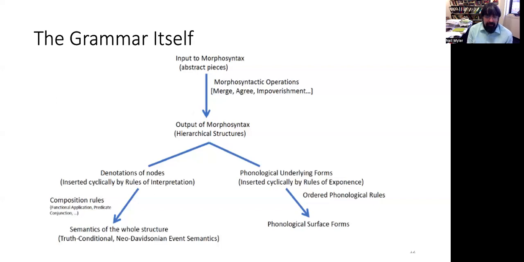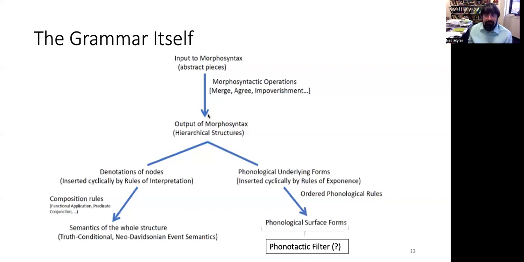One thing that I mentioned when I first discussed this was that I thought that probably the phonological surface forms have to be the input to some kind of phonotactic filter. I think if you pressed me, I would probably say that I still believe that.